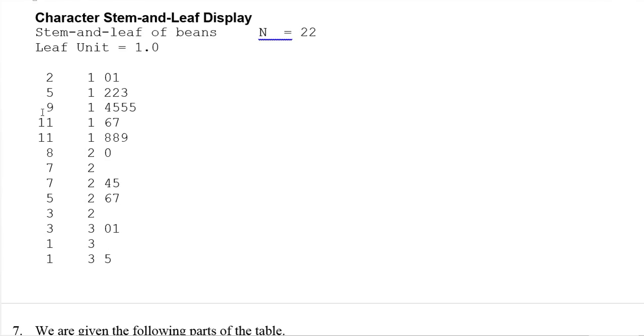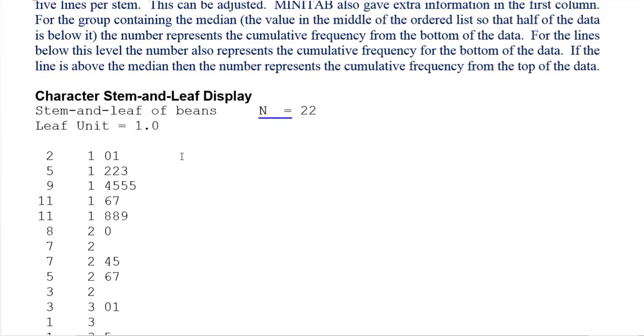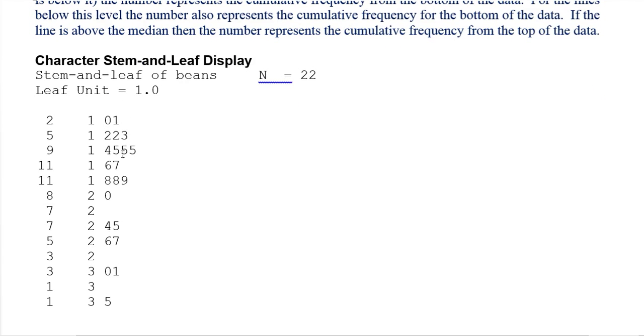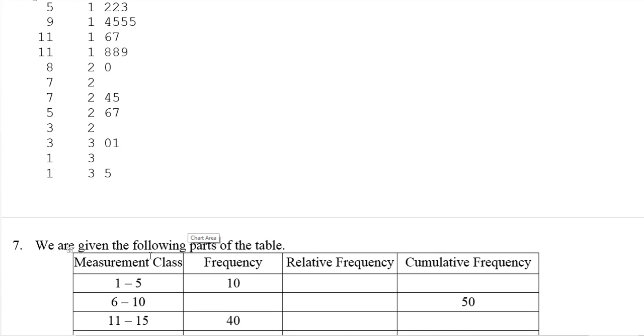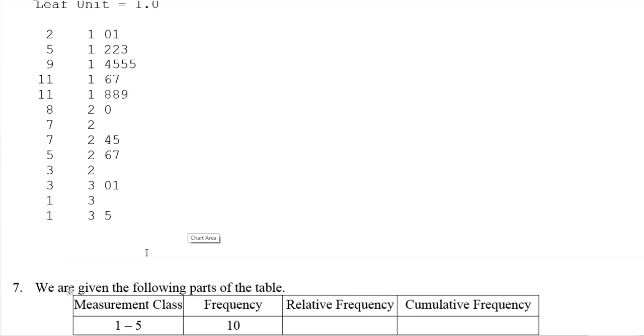So that's a cumulative frequency over here on the left, but this is your stem and leaf plot here. Now in Minitab you can force it to do different numbers of leaves per stem, but it figures out a way to do it automatically, and you can change it if you want.